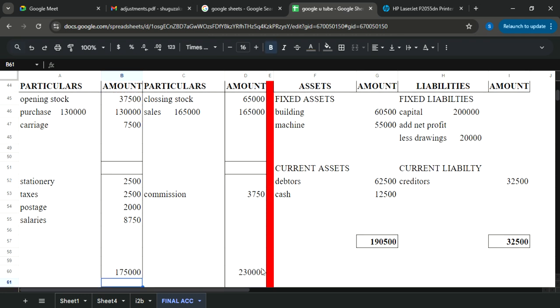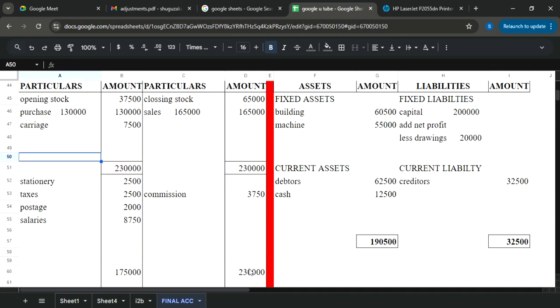Total of both sides done. We will choose the larger sum, 2,30,000, and write 2,30,000 on the total of both sides. Now the next step is to choose the smaller side, which is debit.